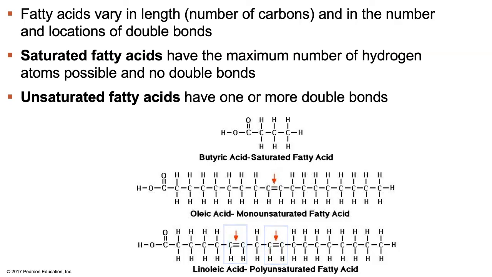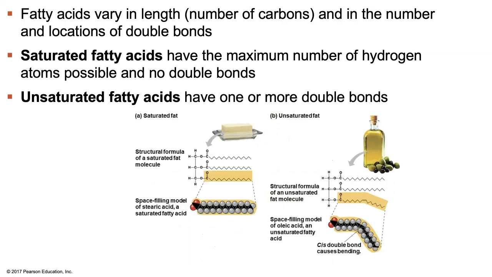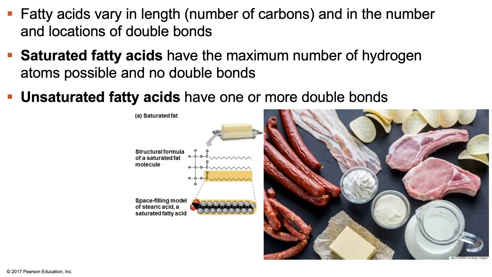Unsaturated fatty acids can have 1 or more double bonds. You might have heard of monounsaturated fatty acid, which would just have 1, or polyunsaturated fatty acid, which would have more than one. Saturated fats with no double bonds tend to come from animal products. For example, butter and the marbling that you see in animal meat.